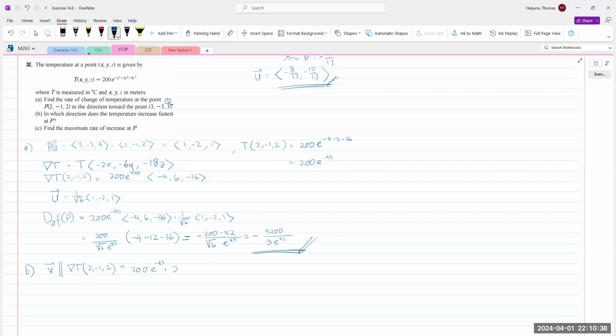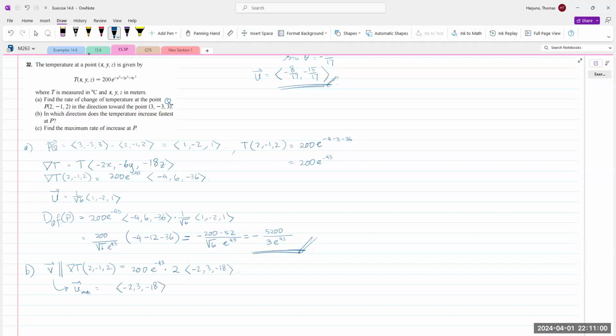I can factor the 2 out: negative 2, 3, negative 18. So the u for maximum increase will be in that direction, negative 2, 3, negative 18.